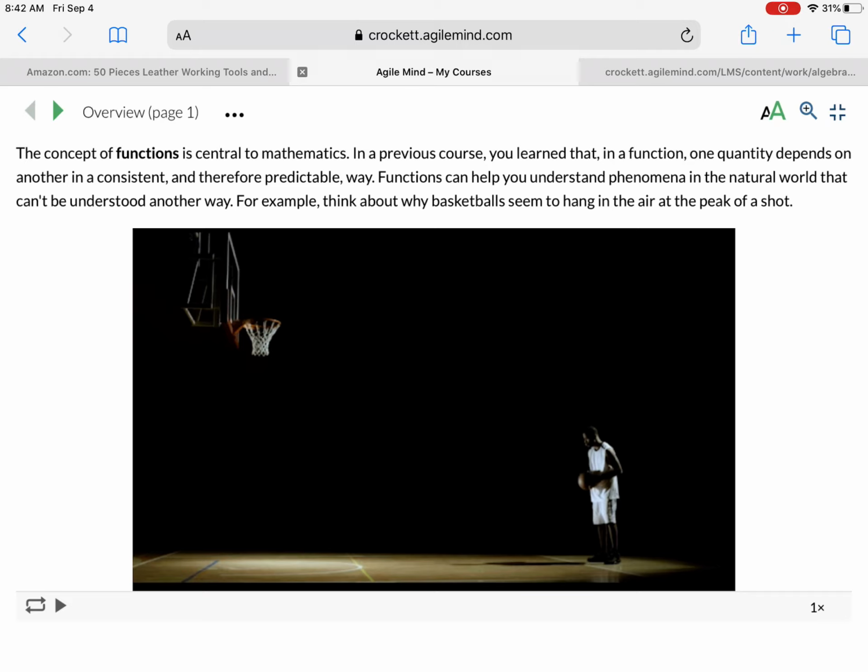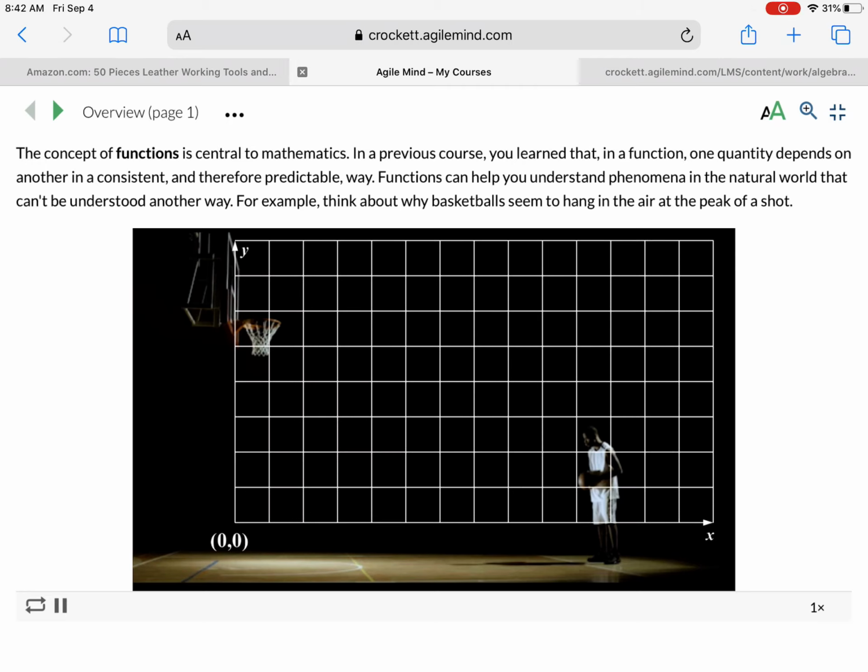All right, so this first page, it just shows you the concept of a function, okay? And we talked about three types of functions. So we talked about a linear function, which makes a line. It has a constant change, constant slope. We talked about a quadratic, which is what you see right here, okay? So you see an upside down U, okay? So this would be a negative quadratic function.